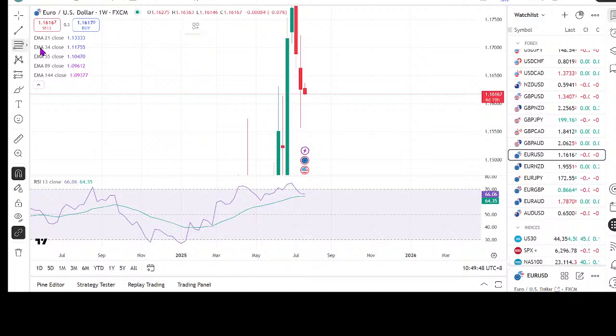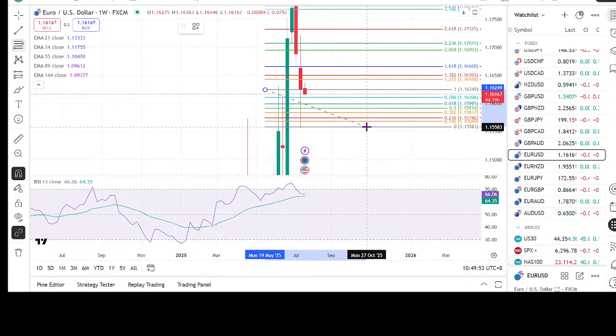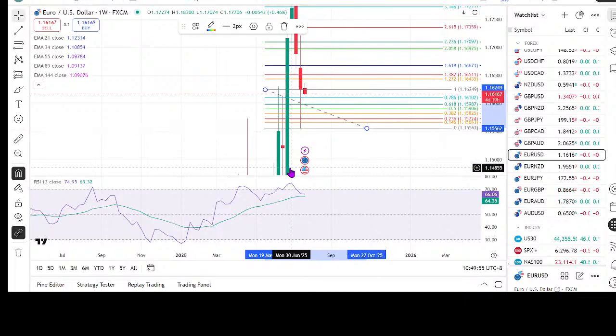I think the starting point is wrong. Extension of this level should be 11650, then 11660 and 11720.